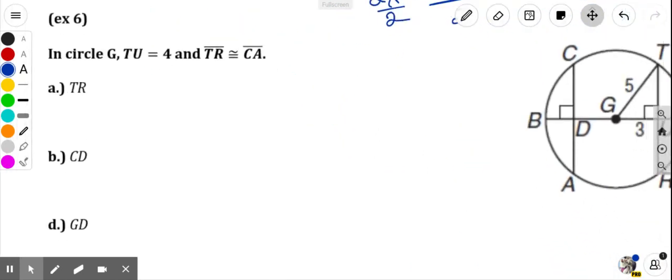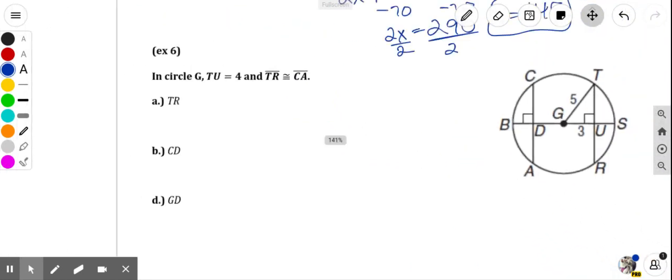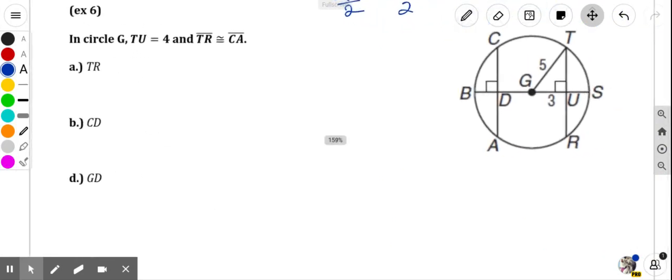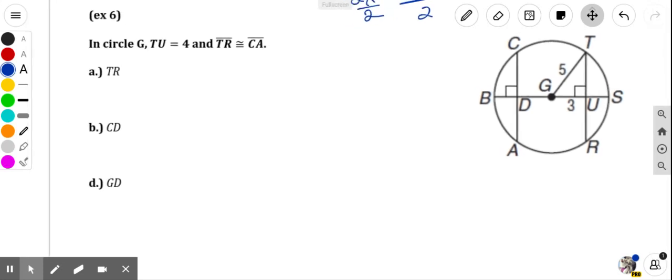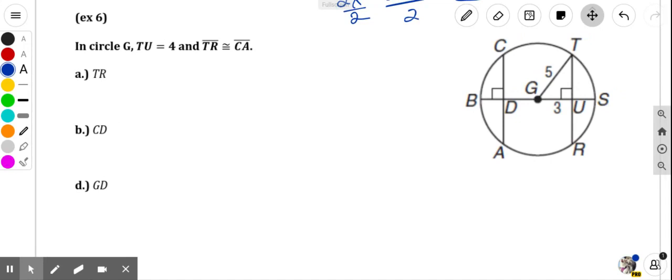And then the last one, we are given circle G. We're given some information in circle G that TG is 5, GU is 3, and we're also given TU is 4, so this is 4. We're also given TR, this segment here, is congruent to CA. So that means that the arcs are congruent.